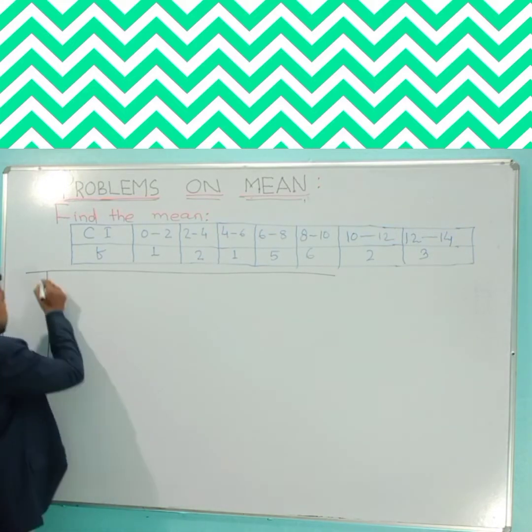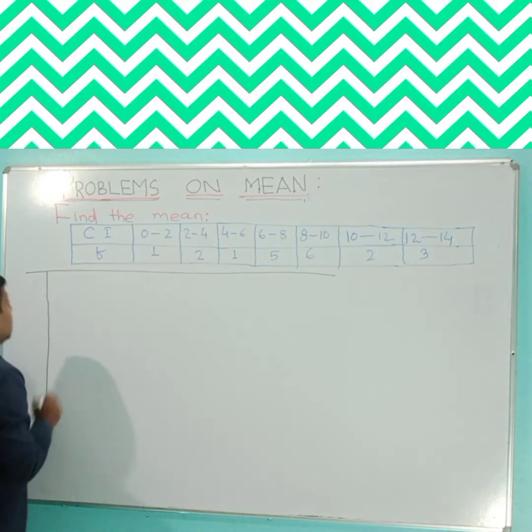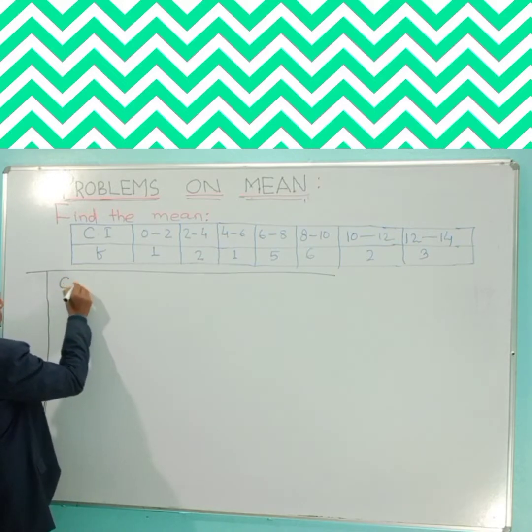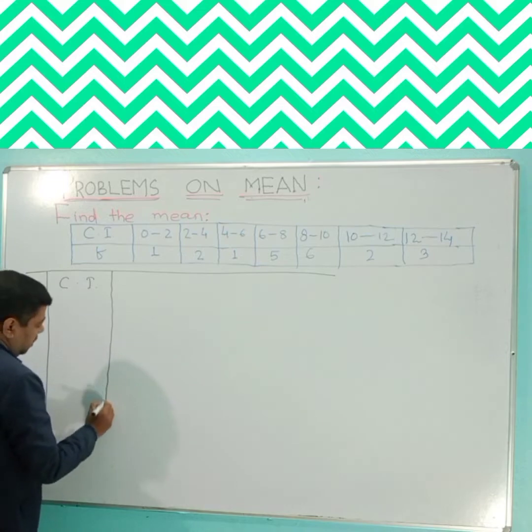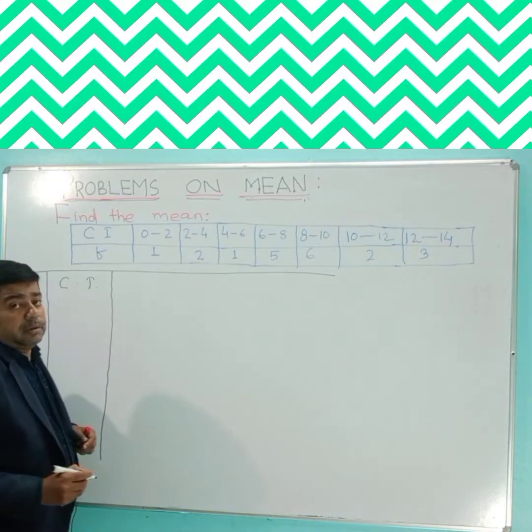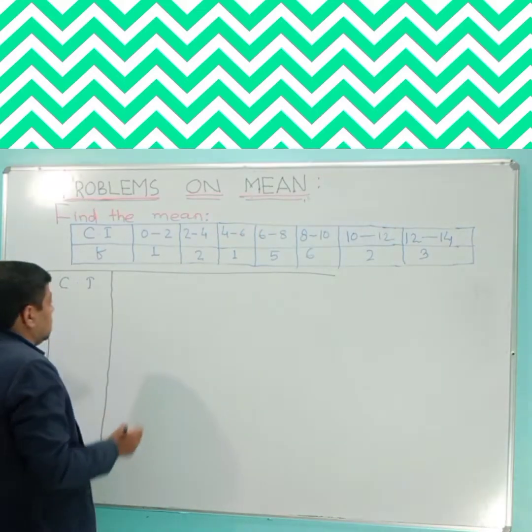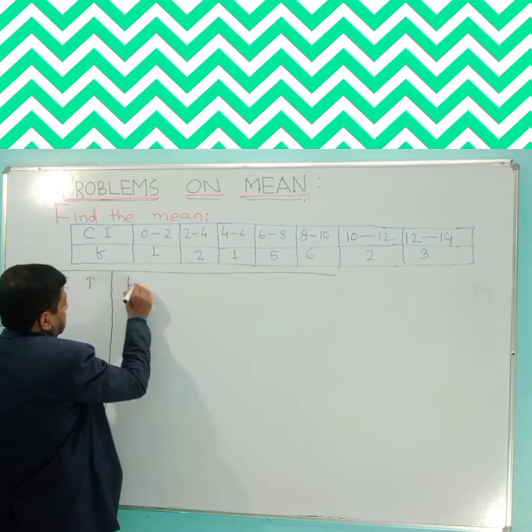Here the class interval is given, and I am modifying the table into vertical manner, with class interval and frequency.